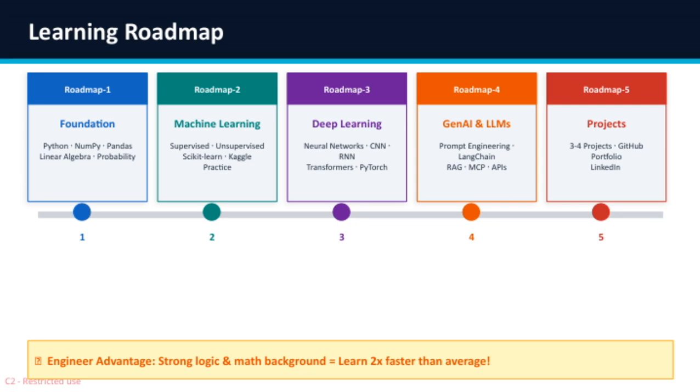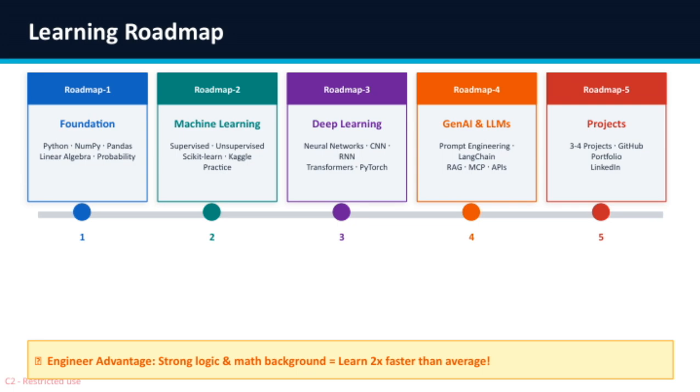Then, you'll dive into generative AI and large language models, or LLMs, which are transforming the field. Next, we explore neural networks, covering CNNs and RNNs, and advanced architectures like transformers, with tools like PyTorch. This deepens your understanding of deep learning.